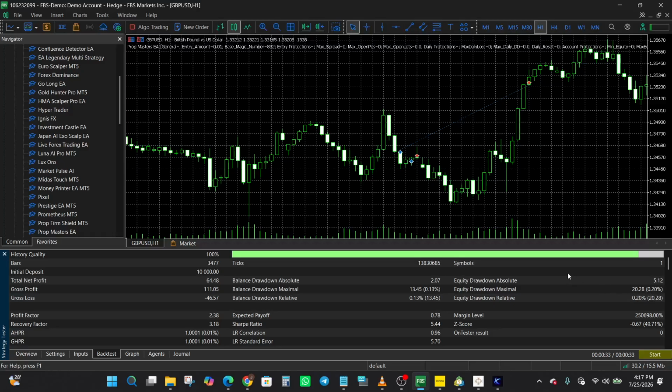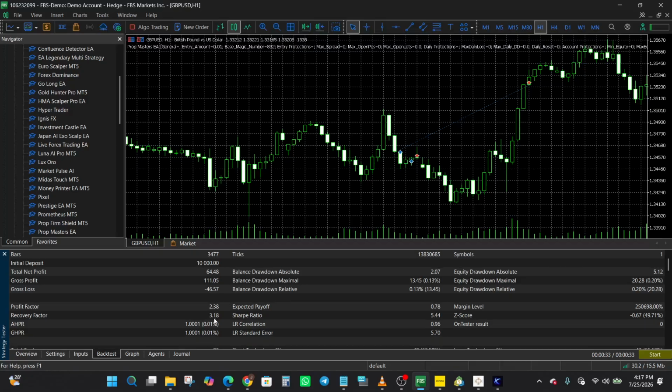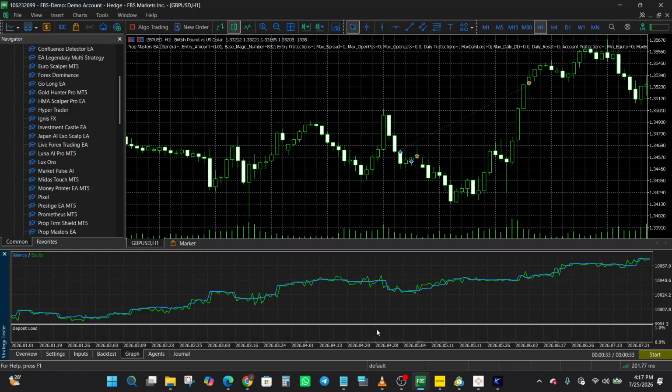Now, this controlled exposure is reflected in a profit factor of 2.38, a recovery factor of 3.18, and a Sharpe ratio of 5.44. The equity curve shows a steady, gradual upward trajectory with very minor dips throughout the testing period.